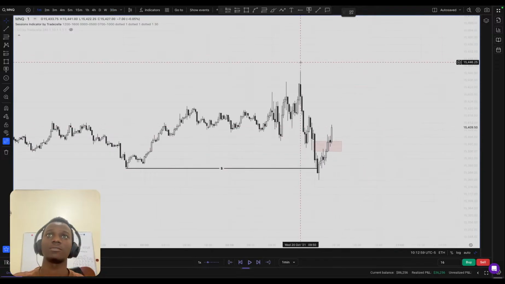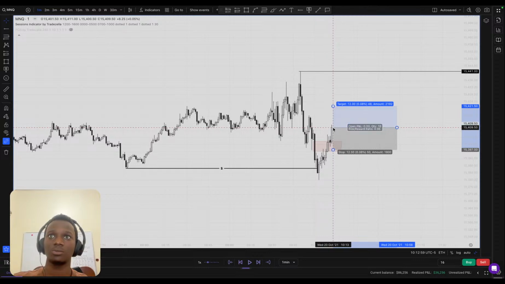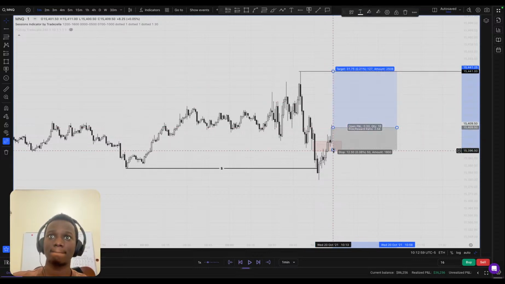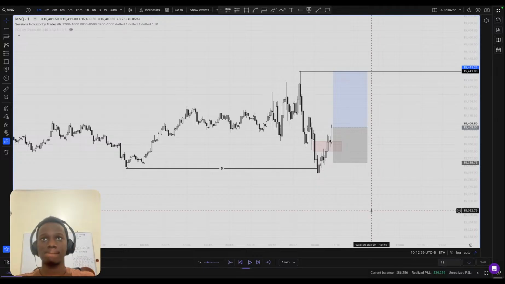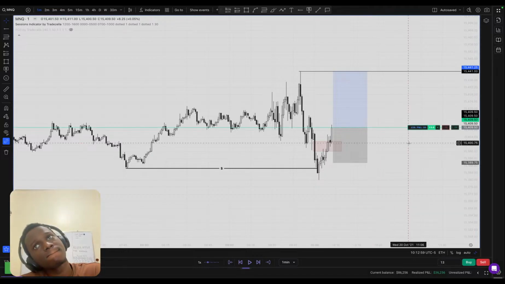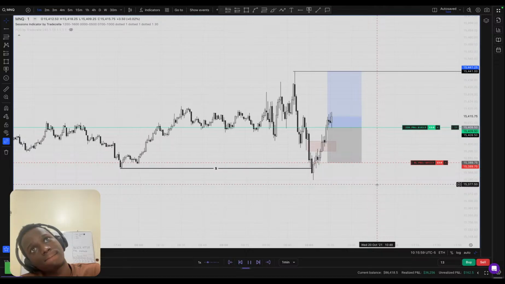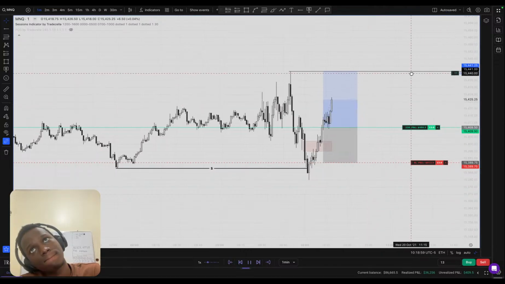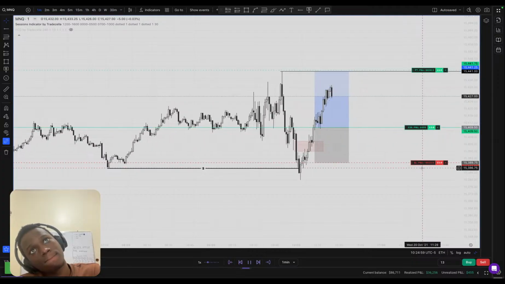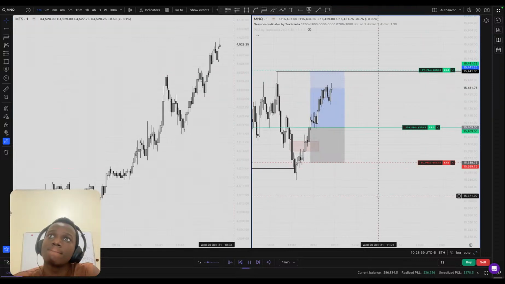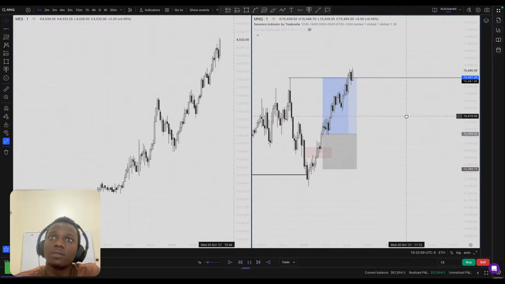Then inversion, we have the 950 high, macro high, so let's just target that for a simple small 1-to-1. Very good, 1.6R locked in.